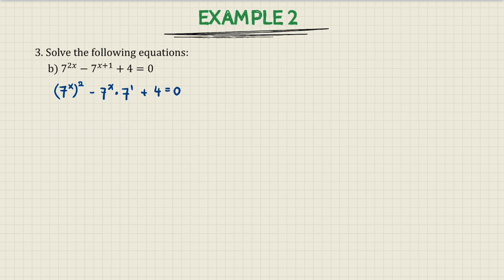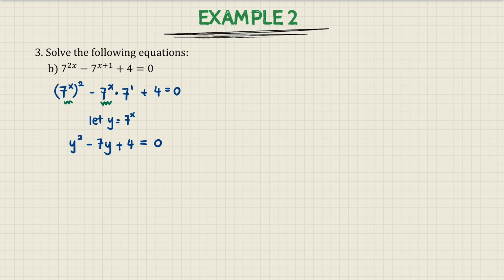Okay, so here we can see that here ada 7 power of x, here pun ada 7 power of x. So macam tadi, kita akan let y equals to 7 power of x supaya dia nampak bentuk kuadratik. Okay, so here y squared minus 7y plus 4 equals to 0.